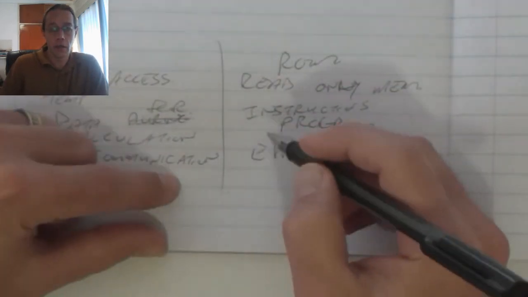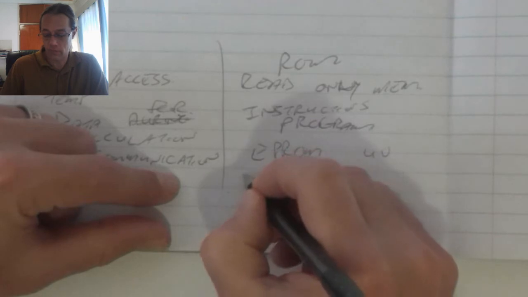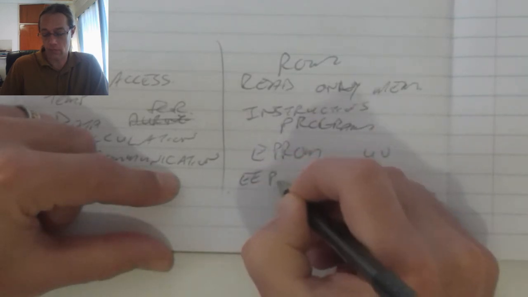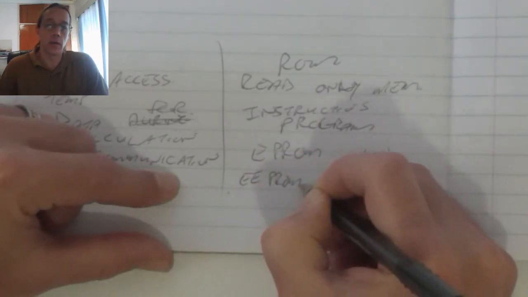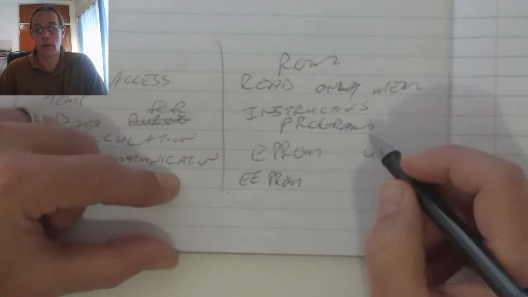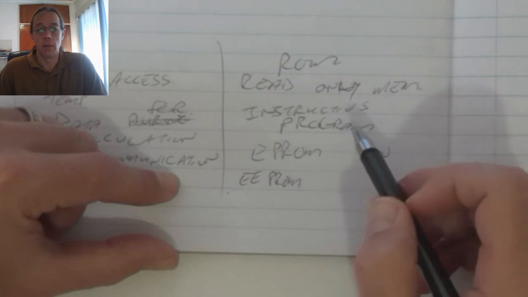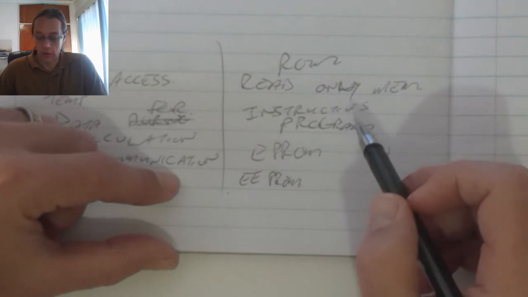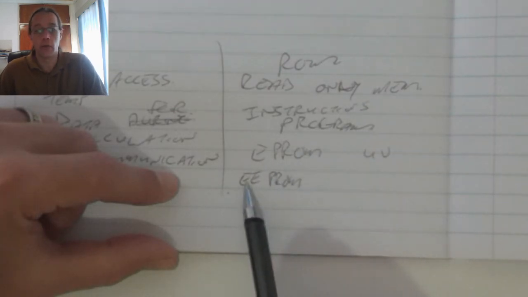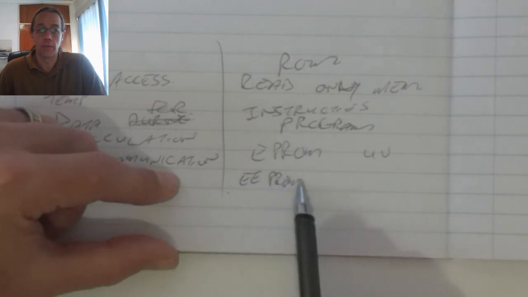Second type is the EEPROM. That is the electrically erasable programmable read-only memory. It can be erased electronically and reprogrammed electronically.